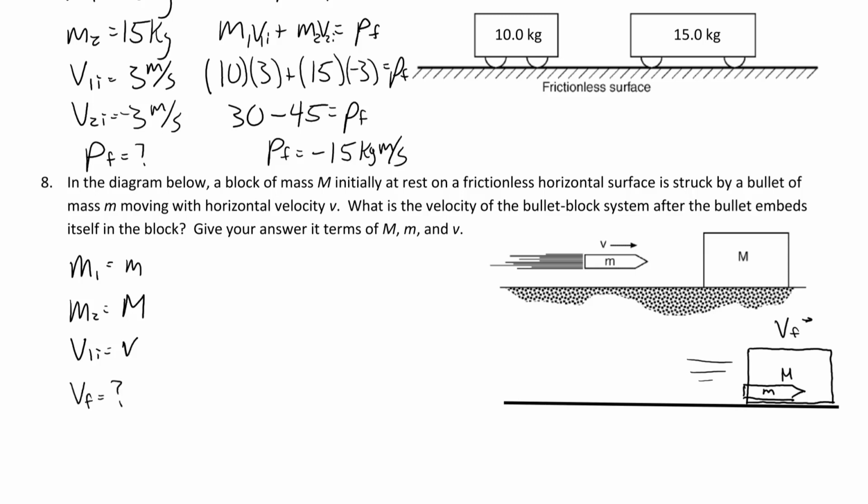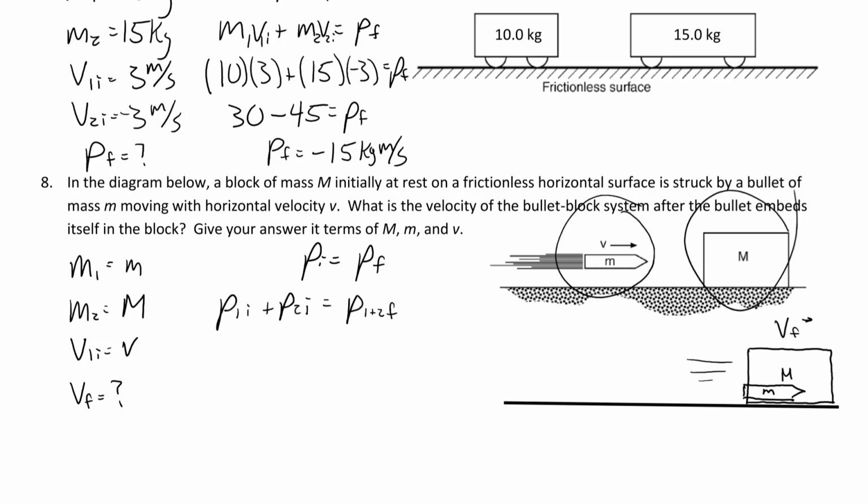Now, the initial momentum for the system is equal to the final momentum for the system. Initially, we have two separate things, so we need two separate momentums. We have P1i plus P2i is equal to P1 and 2 together, final. You could write it that way if you'd like.